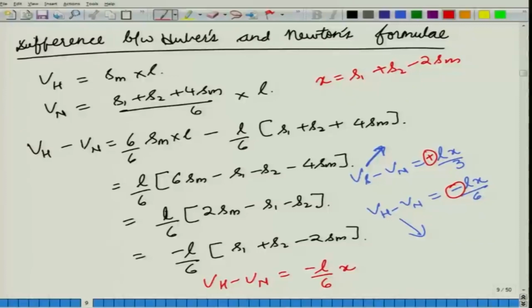So, today we had a look at the volume computation by the direct method, and we also looked at Huber's formula, Smalian's formula and Newton's formula for different kinds of solids and frustums of solids.